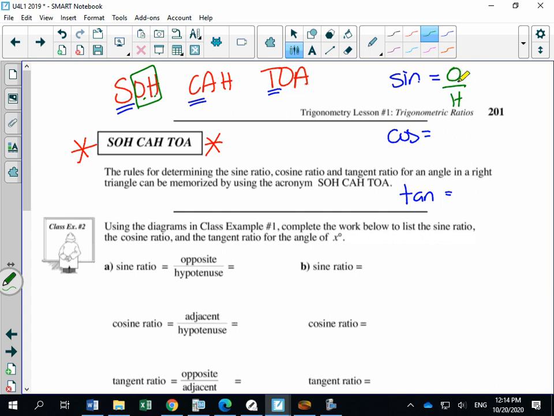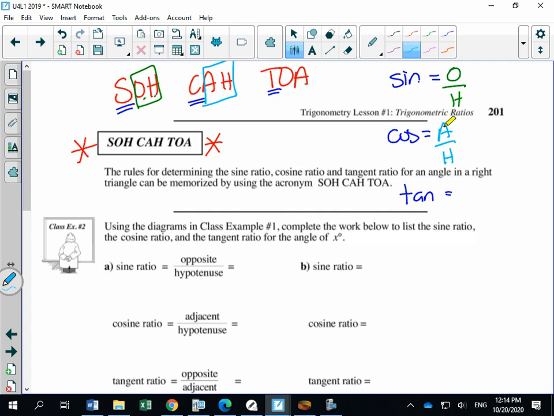That's what the ratio for sine is going to be. Anthony, what would be the ratio for cos? What letter over what letter? A over H. So cosine is right here, and it's A over H. Anthony, what is A and what is H? So what side over what side would give me my cosine ratio?